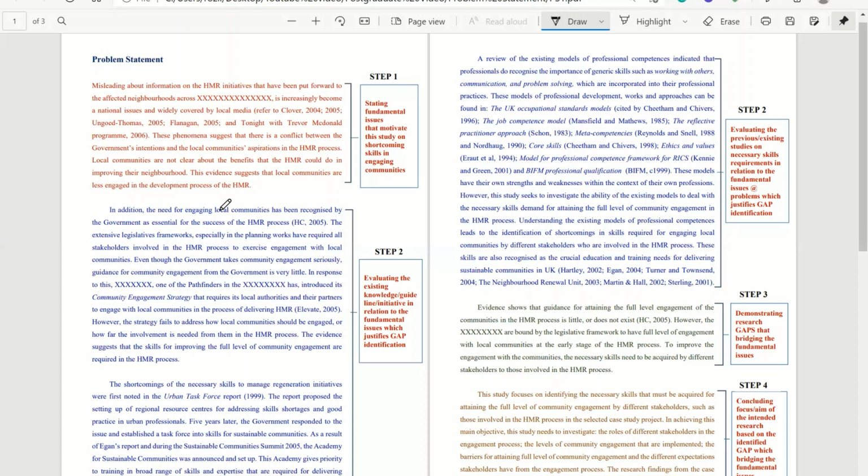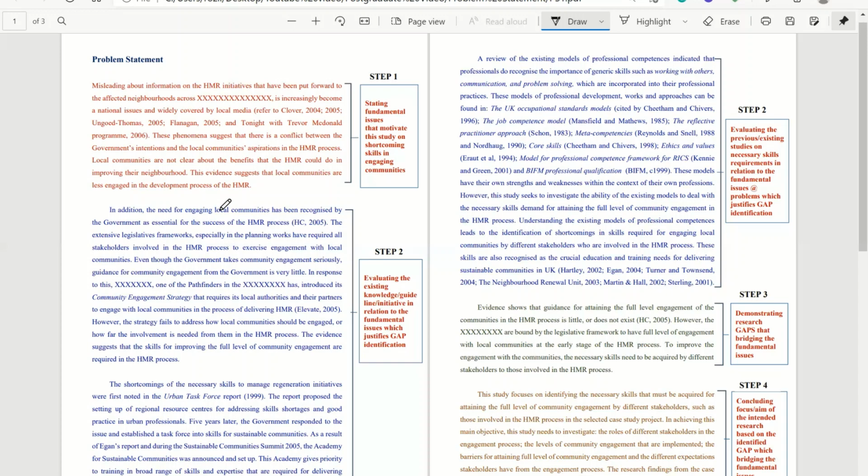The less engaged here falls within the subject matter of skill. What type of skill? This is the shortcoming skill in engaging communities. So skill in engaging communities is a shortcoming. All right, now we have the issues.